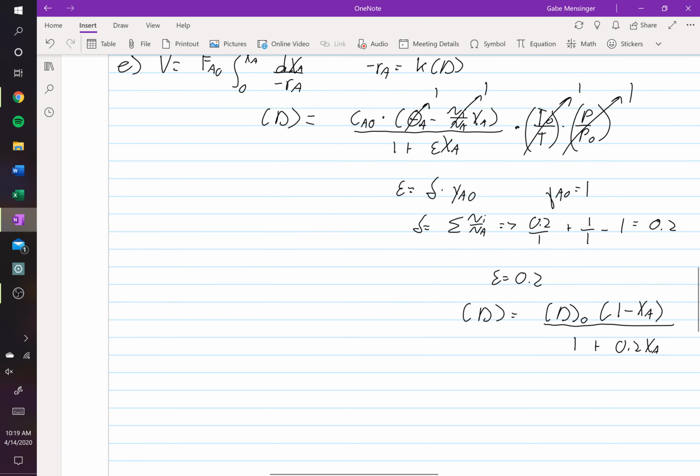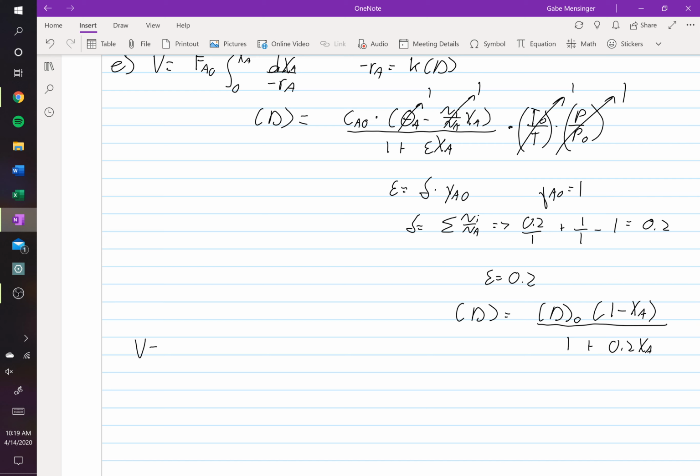Going back to the design equation, V is equal to F_A0 times the integral from 0 to X_A of dX_A over D_0 times 1 minus X_A over 1 plus 0.2 X_A times k.